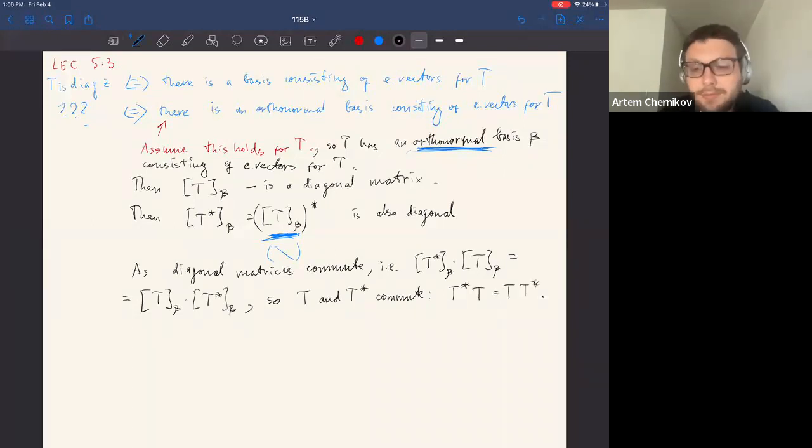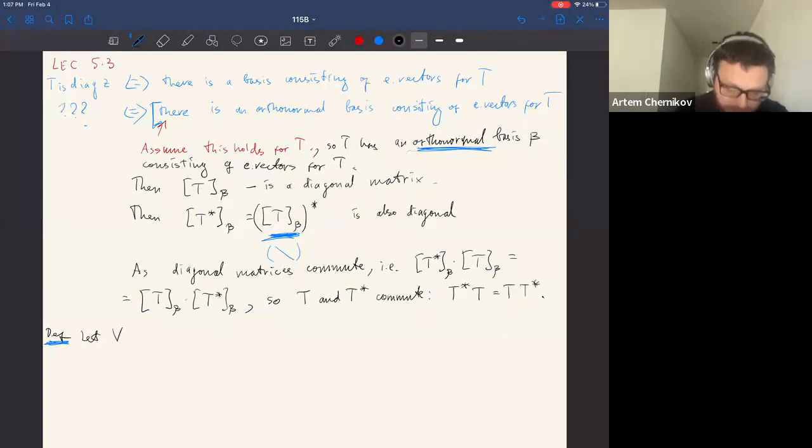Okay, so we see that this property, commuting with its adjoint, is a consequence of admitting an orthonormal basis consisting of eigenvectors, okay? All right, so this property, as we will see, is actually an important property. So we want to make a definition isolating this property formally.